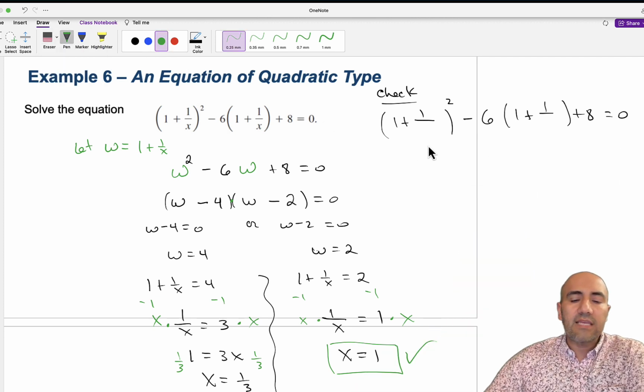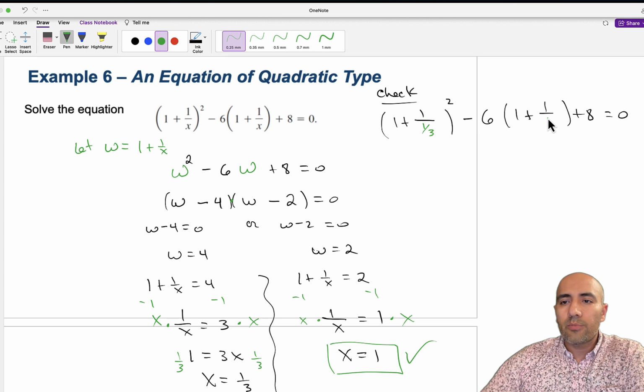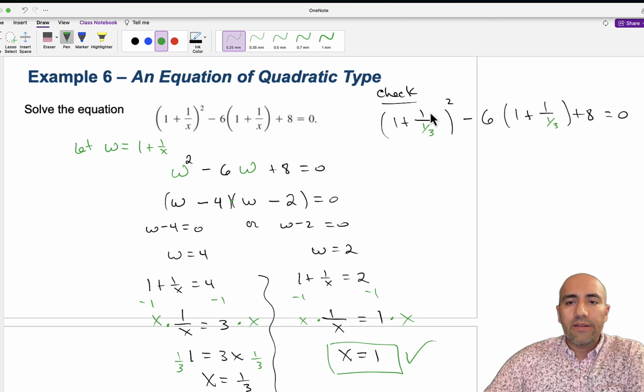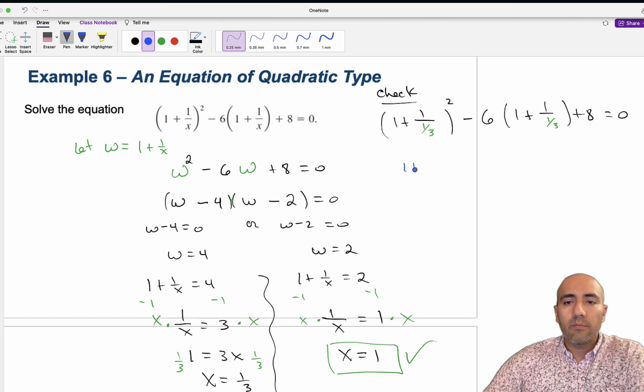Okay, so if we replace the X with 1/3 into this little format, we end up with 1 plus 1 over 1/3. Put a 1/3 there. All right, so this simplifies. We have the numerator being a 1, and then we have a little fraction in the denominator. We multiply the numerator times the reciprocal of the denominator. This is just going to be 3. So this becomes 1 plus 3, parentheses squared, minus 6 times 1 plus 3, plus 8.